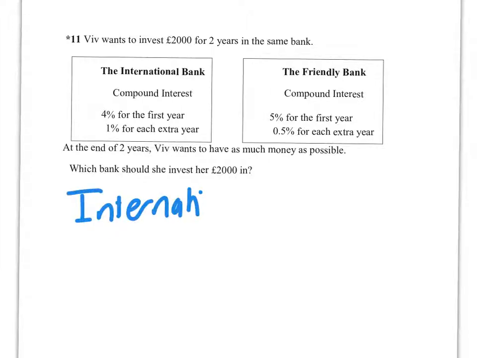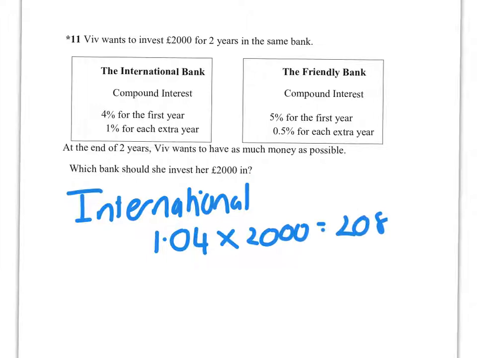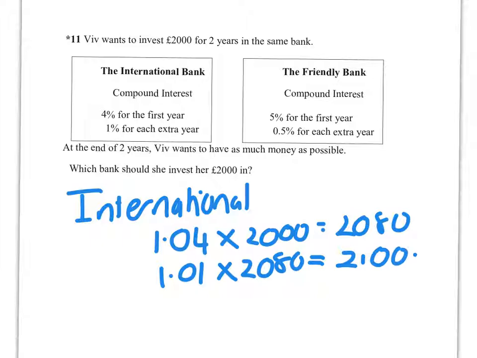So international, at the end of year 1, 4% of 2,000, which is 2,080. And at the end of year 2, an additional 1%, which gives us 2,180 pence. We then look at the friendly bank.